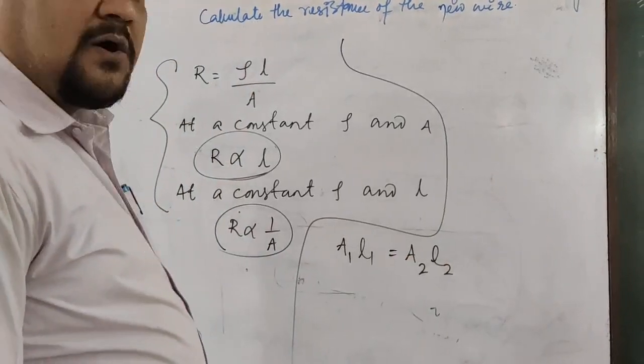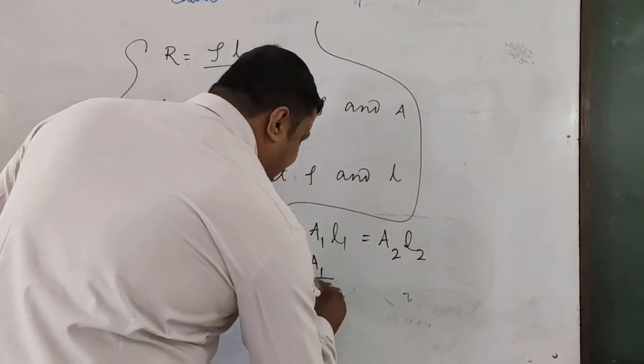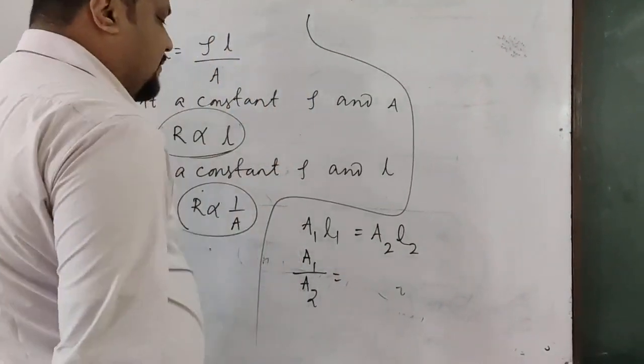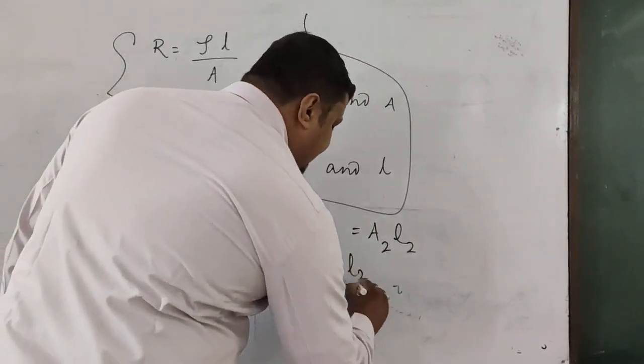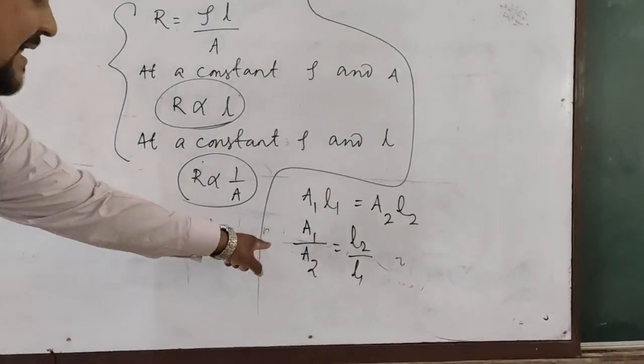So volume remains constant. While stretching, you can put A1 by A2 equal to L2 by L1. This is the formula for the stretching case.